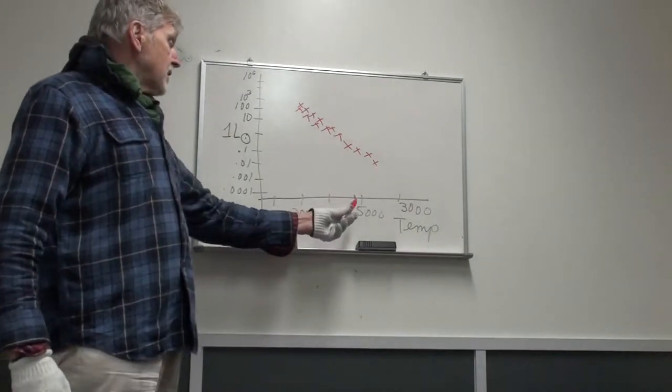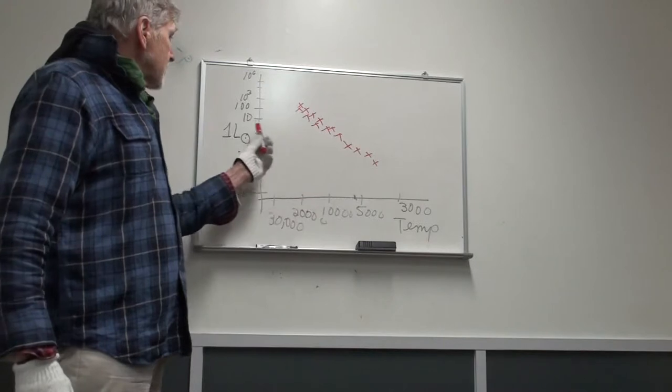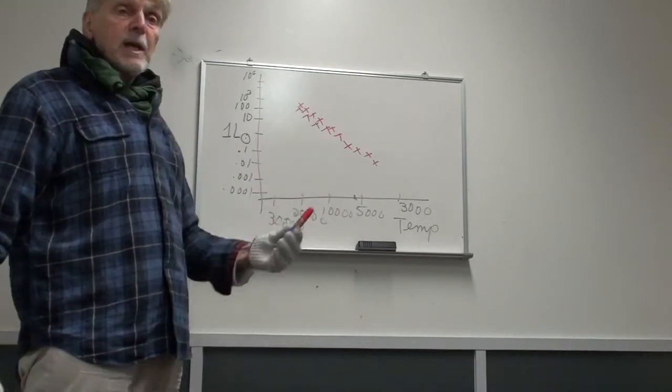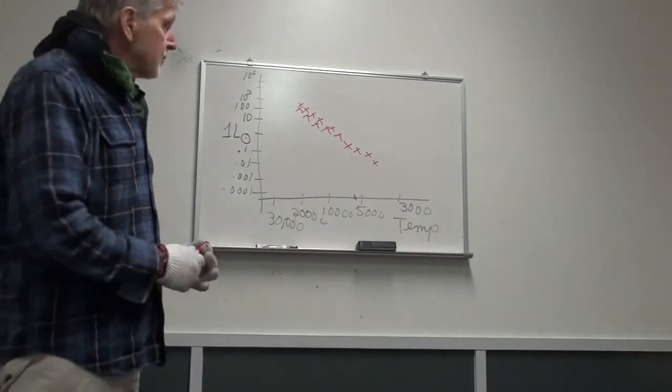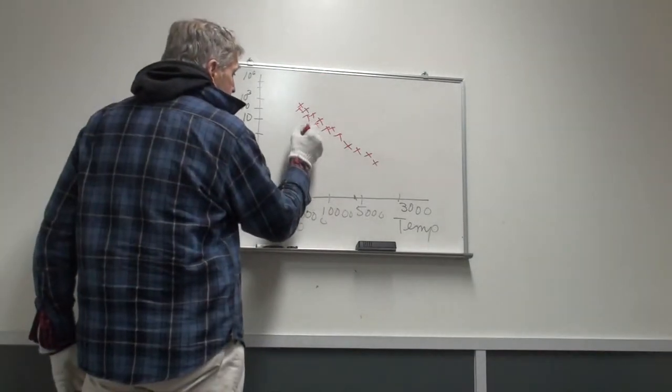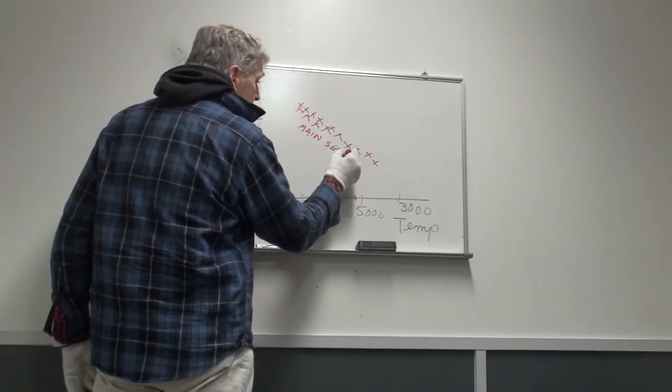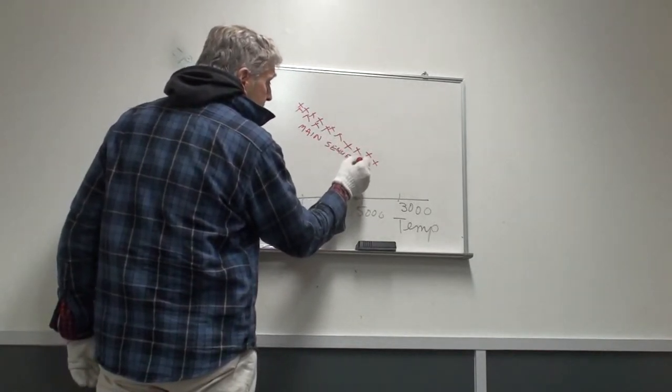That is, the temperature that they have on the surface and the luminosity with which they shine would cause them to produce a dot that's right along this band. So we call this band the main sequence. Since 95% of all stars fall on it, it is the main place that stars appear.